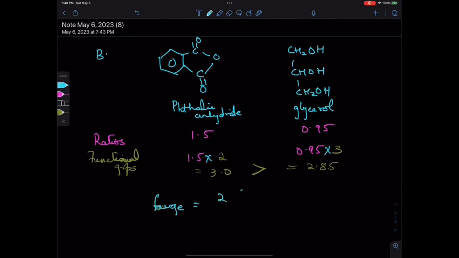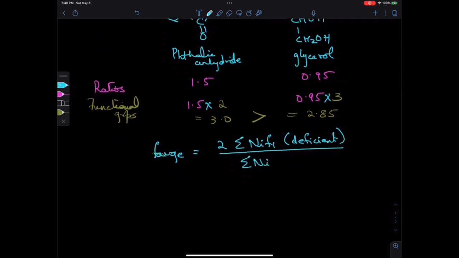We have to find F average, and F average is defined as twice sigma of NiFi for the deficient functional group divided by total number of molecules. So which is twice of 2.85 in this case, divided by 1.5 plus 0.95.